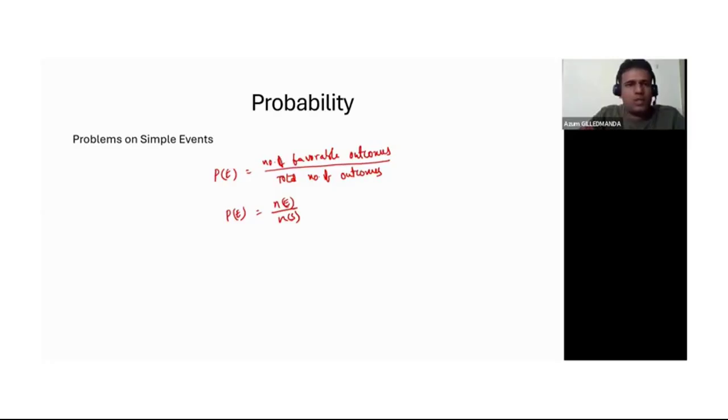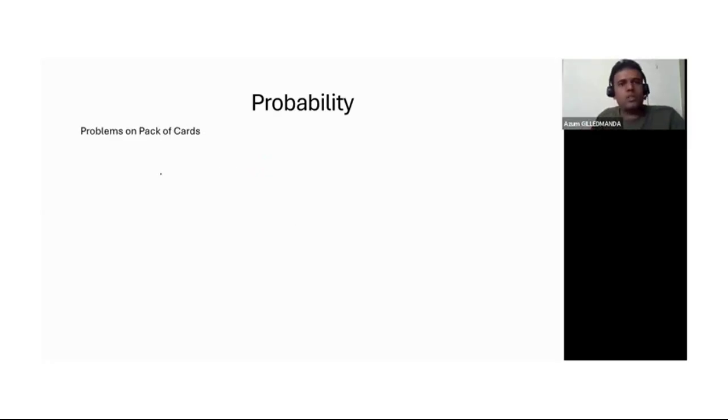Okay, now let's look at some problems here, right? Problems on pack of cards. Okay, so we'll frequently get problems in board exams on the pack of cards. So first we need to understand the pack of cards structure, right?